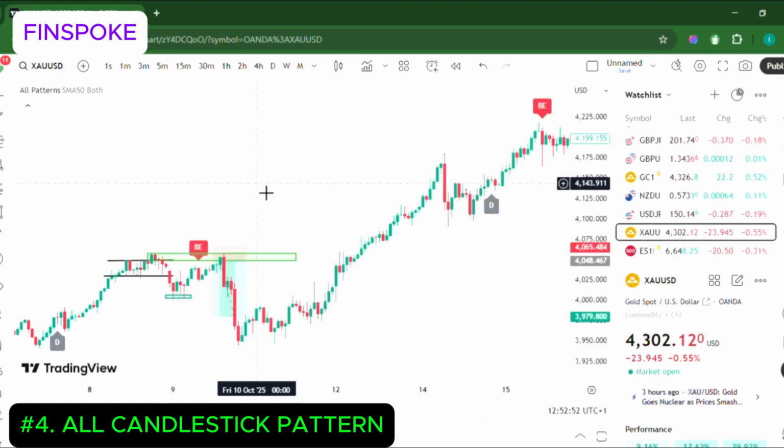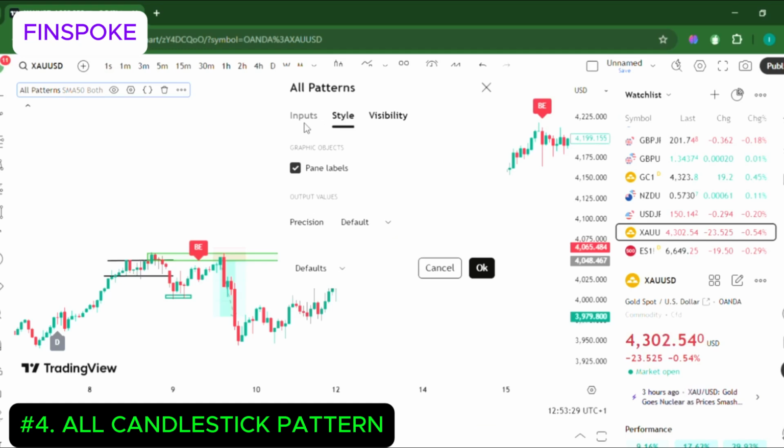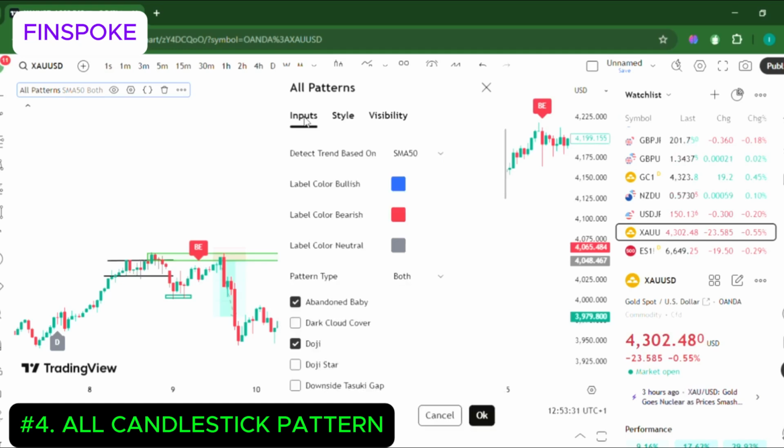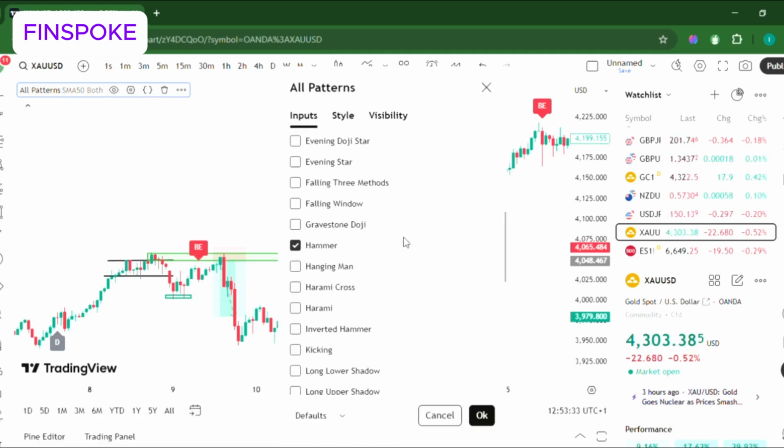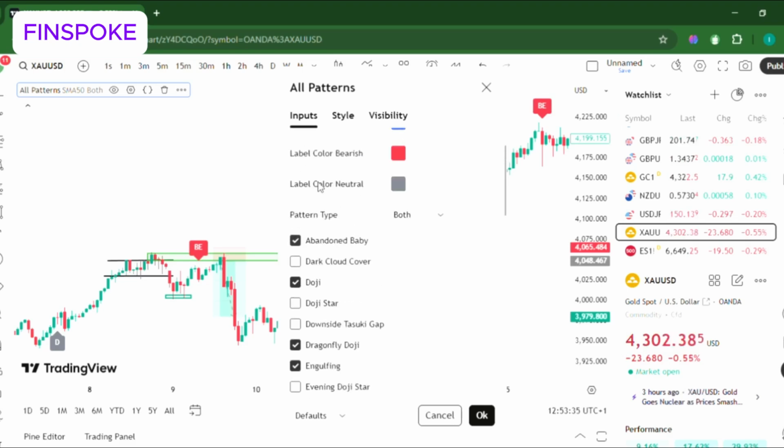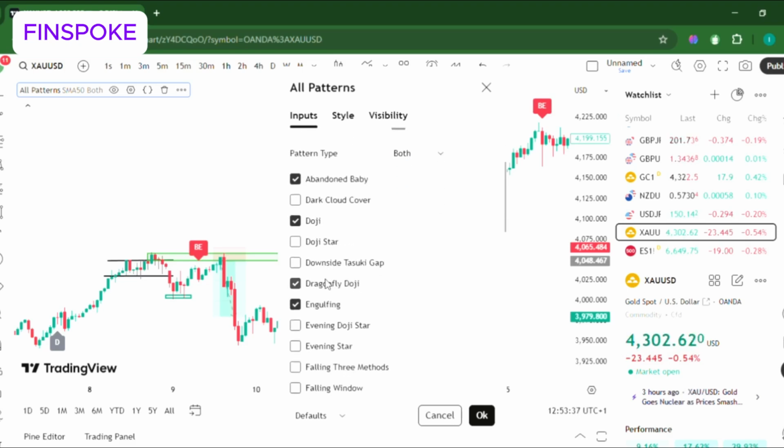This is the candlestick chart pattern. Depending on the candlestick that you are looking at, to use it to confirm what price is doing, head over to the settings, go to inputs, and scroll. All of these things that you are seeing here are candlestick names: abandoned baby, dark cloud cover, doji, doji star.